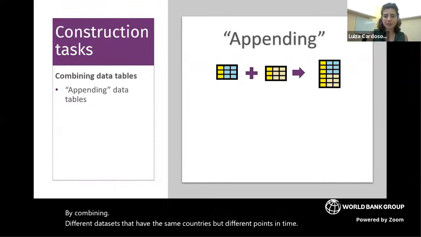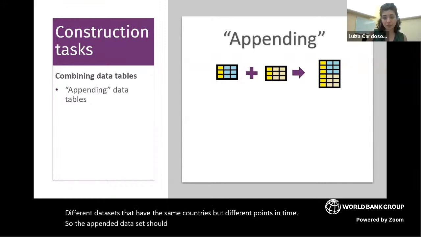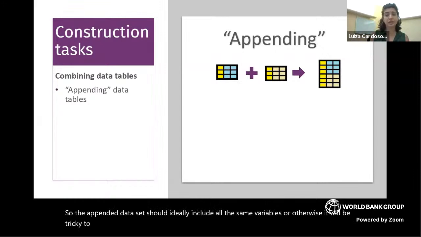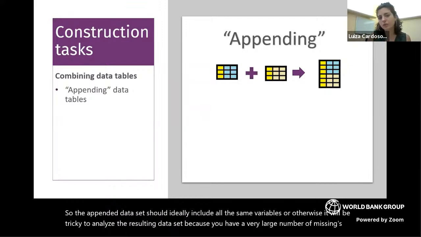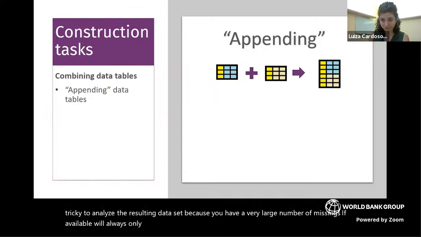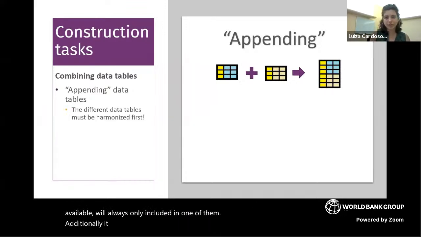So the appended data set should ideally include all the same variables, or otherwise it will be tricky to analyze the resulting data set because you have a very large number of missings if a variable was only included in one of them. Additionally, it is important to make sure that the data sets are harmonized before doing this.